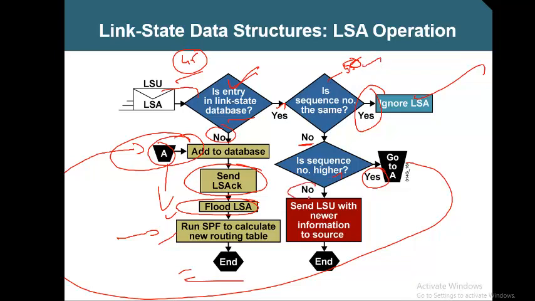Incoming is not higher, so I have to inform the source who is sending this with my update: hey, you got an old one, I have a better one. See, OSPF is smart.